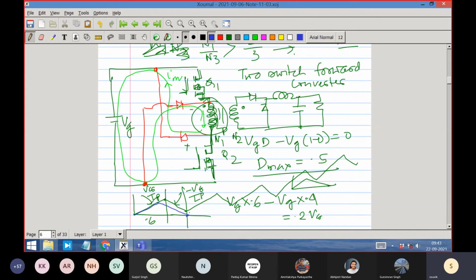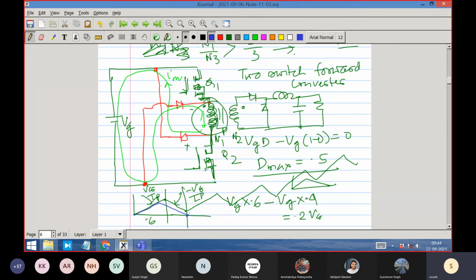You need to see volt-second balance happening on any magnetic coil. That is what you are supposed to see, and that is what it means for flux increasing and decreasing. When positive voltage is there, flux is increasing, and when negative voltage is there, flux is decreasing. So it must come back to the same initial point. Otherwise, in subsequent cycles it will continue to build up and eventually saturate. So all these issues are happening here.